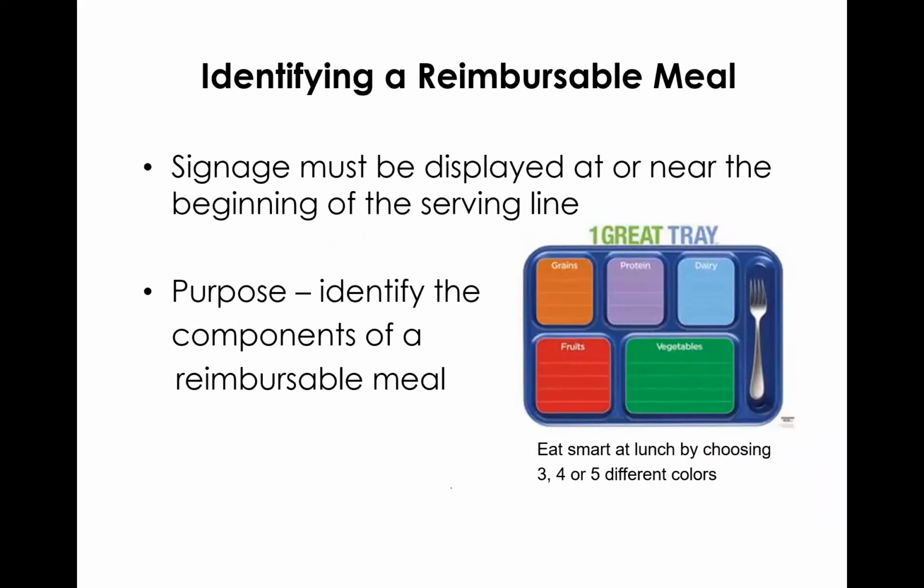Another requirement from USDA is that a student has to be able to identify a reimbursable meal. They have to know what they can take. So signage must be displayed at or near the beginning of the serving line. The purpose of this signage is to identify the food components of a reimbursable meal.